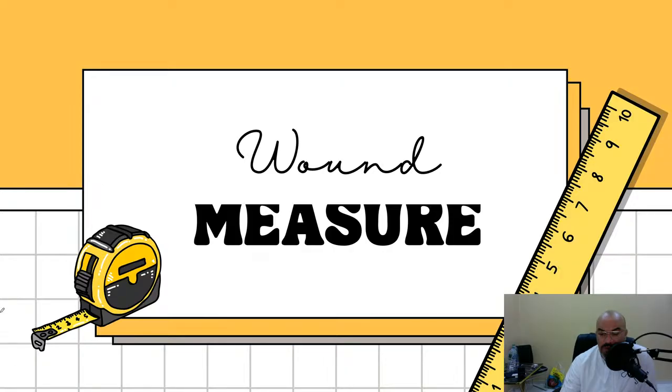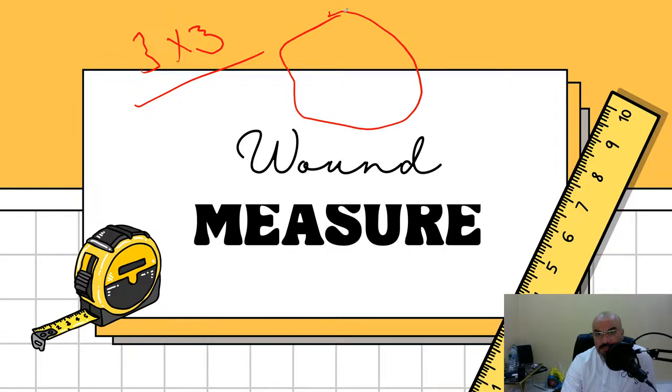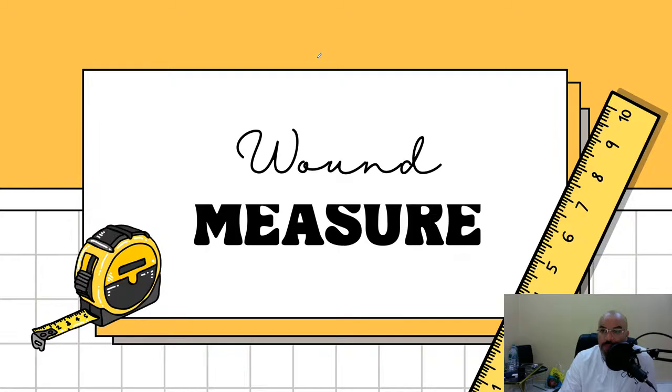So if we would like to describe the 3x3 methodology of wound measurement, if this is the wound, at any point, referring to the 12 will be to the head of the patient, and referring to the 6 will be to the toe of the patient, and the first number of the measurement will be the distance from 12 to 6. This is a part of how we are dealing with the assessment of the wound.